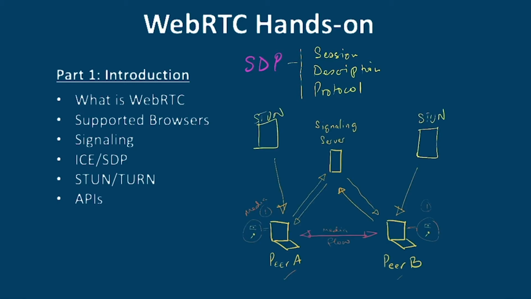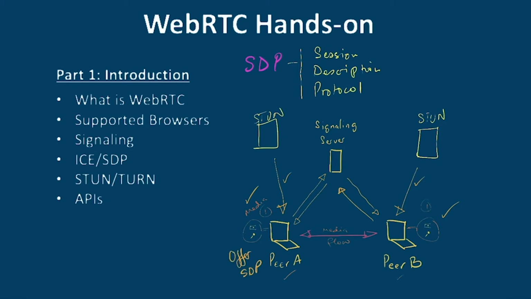Let's go back to our flow again. Let's assume we've got access to our media. We have configured our STUN server for the sake of gathering ICE candidates. The same thing has taken place for peer B. Now, assuming peer A is the one that starts the request to connect, peer A will need to generate what is known as offer SDP.